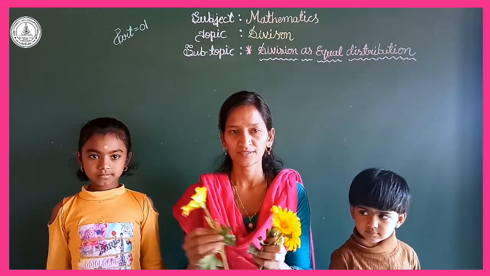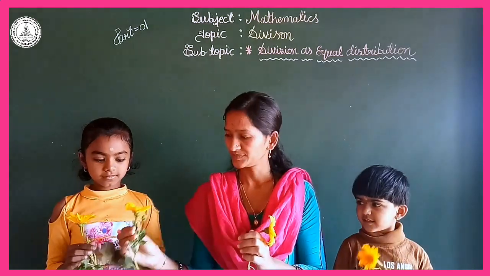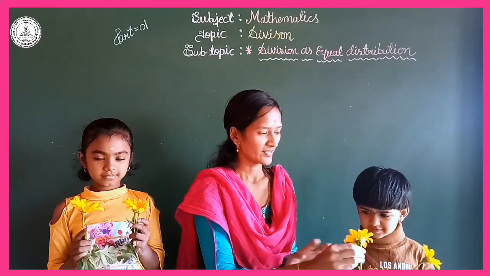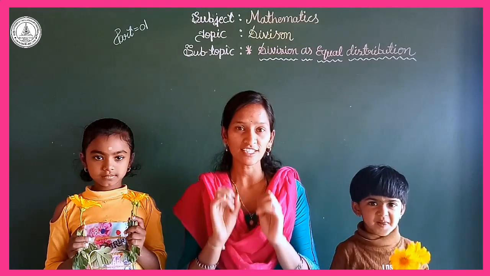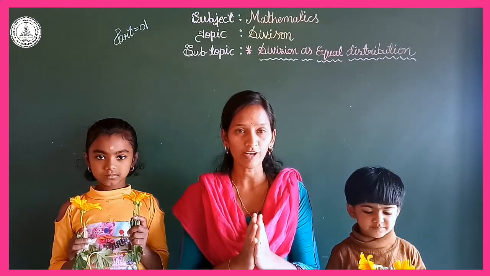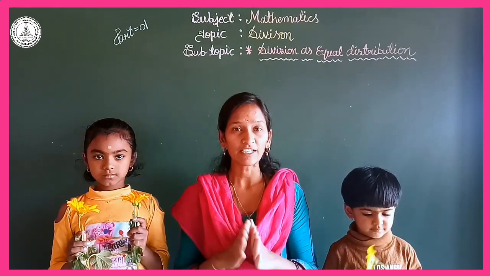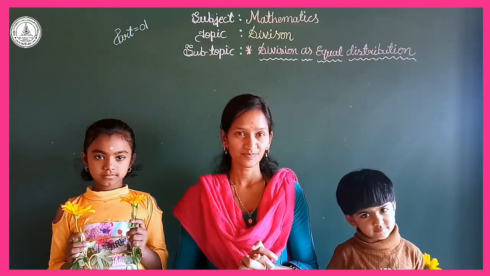Let's see. See students, both the children get 2 flowers each, right? Of the total 4 flowers, I distributed equally among these 2 students.